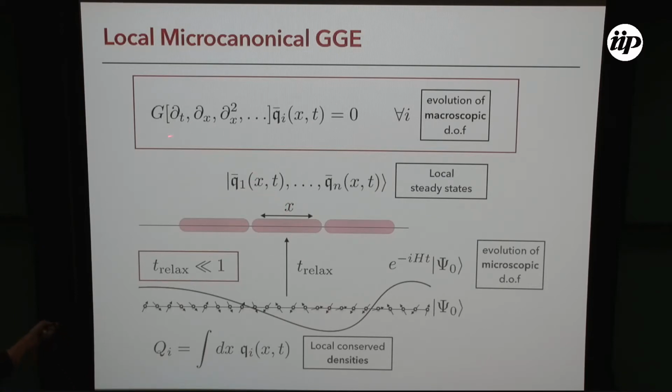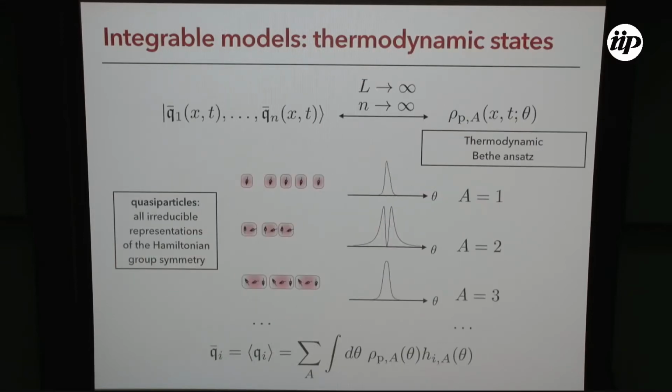I will just write a differential equation, with some nonlinear differential operator acting on the expectation value of local conserved densities, and it gives me the evolution of these fluid cells. That's how the expectation values inside the chain evolve on this large time modulation, which is much larger than the relaxation times. Okay? But this is just standard hydrodynamics.